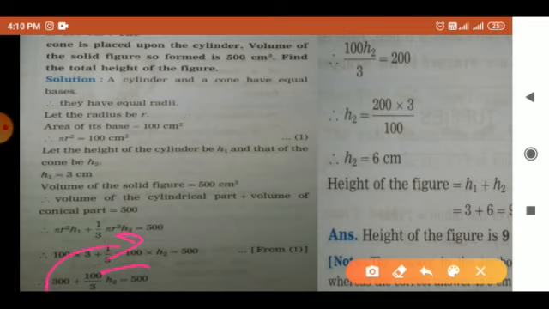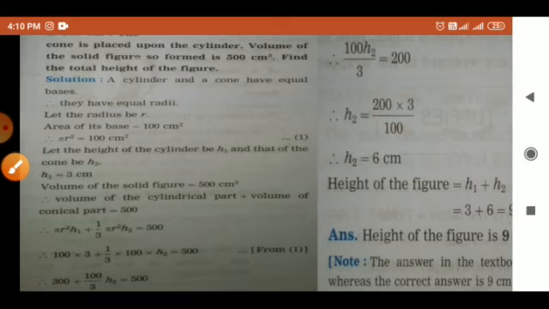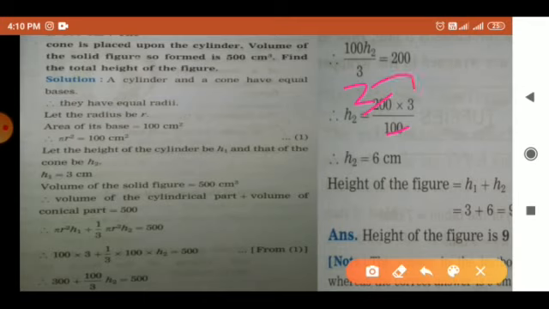So 500 minus 300 will give us 200, and then h2 will be on the LHS only, and 100 and 3 will go to the right hand side. So 100 will come in the denominator, and the 3, which is in the denominator here, will go to the numerator. Then 100 2s are 200, and 2 into 3 will give 6. So here we have got h2 as 6.